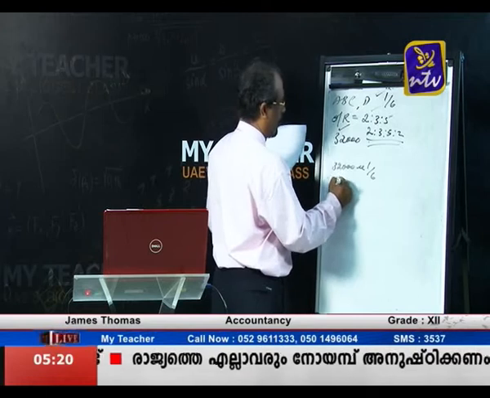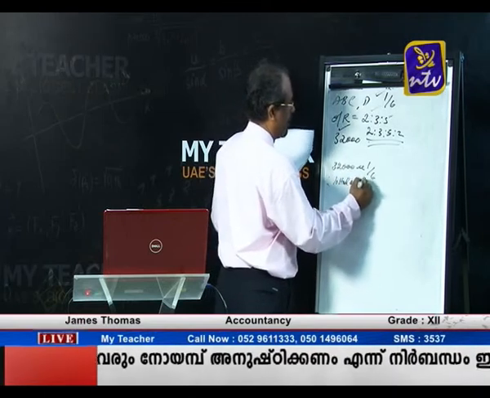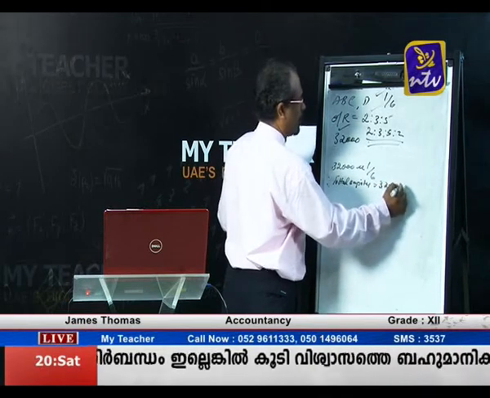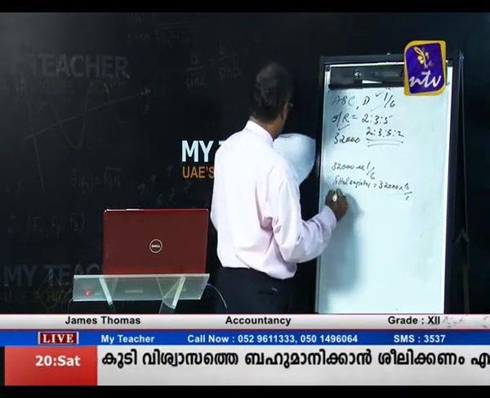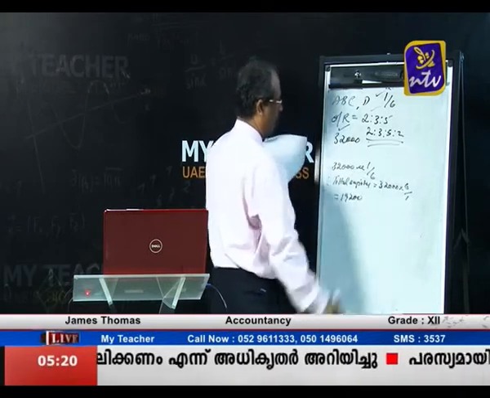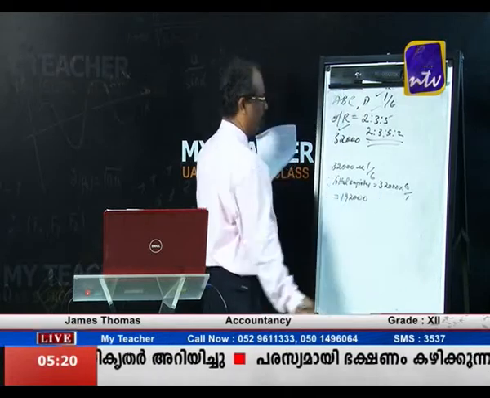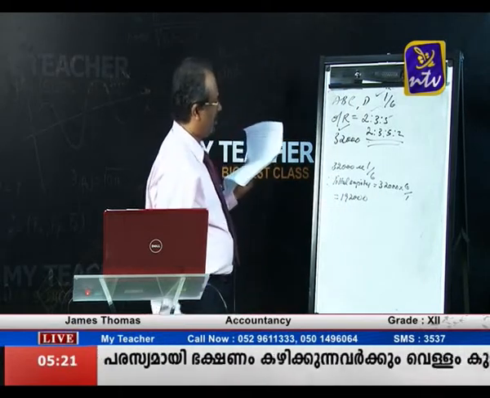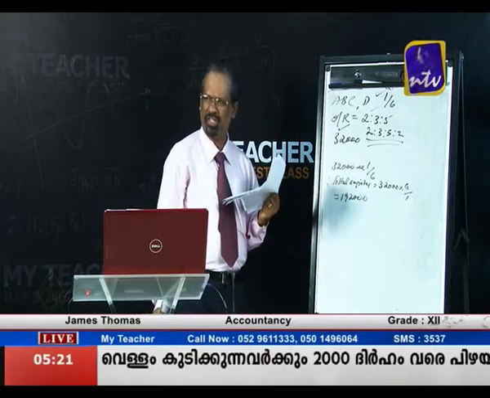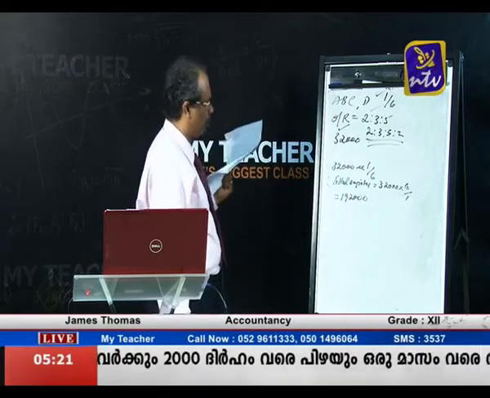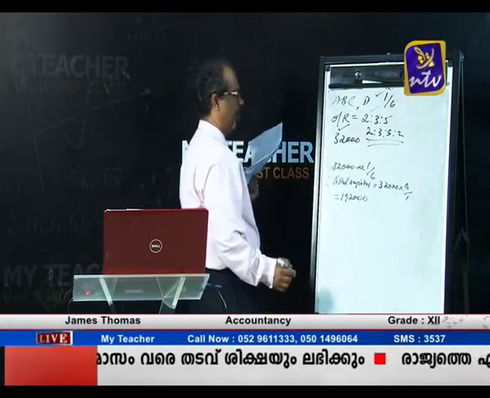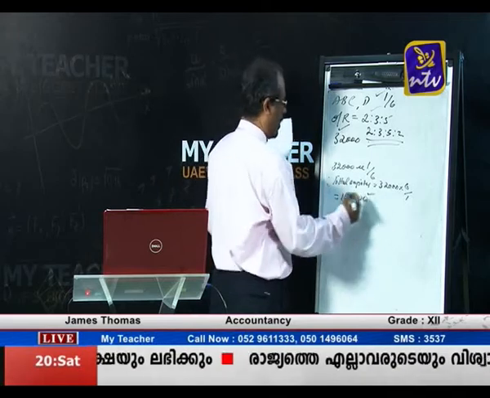Therefore, the total capital is equal to 32,000 into 6/1, the reciprocal, that is 1,92,000.